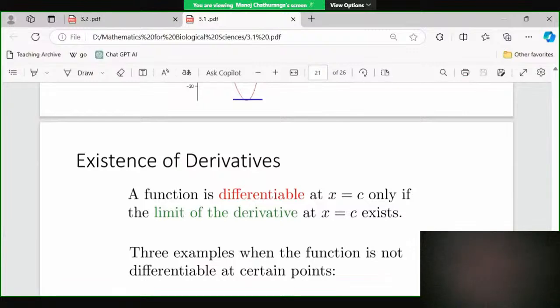So in that discussion, we saw sometimes things can go wrong. Function may not be continuous. So likewise for derivatives, sometimes things can go wrong. Derivative may not exist for some functions at some points. So let's see some examples.